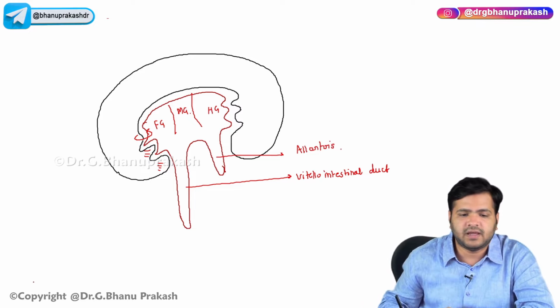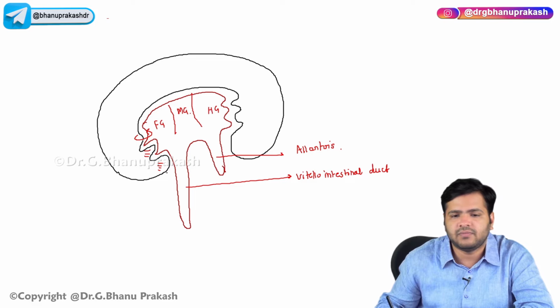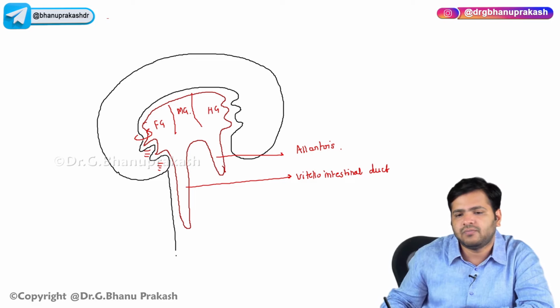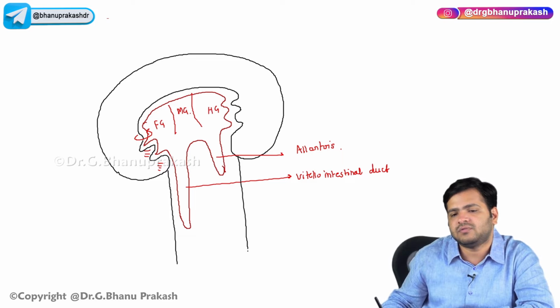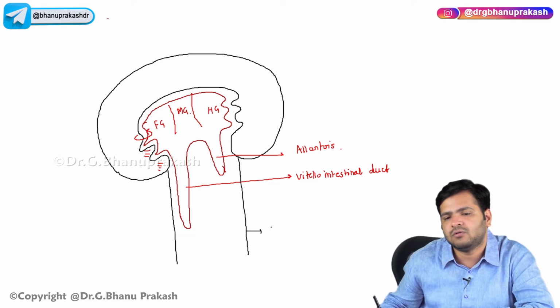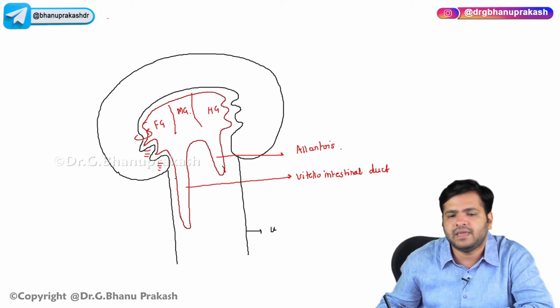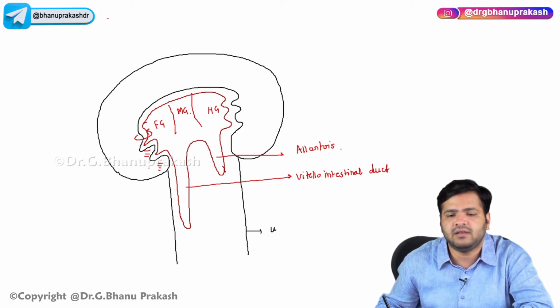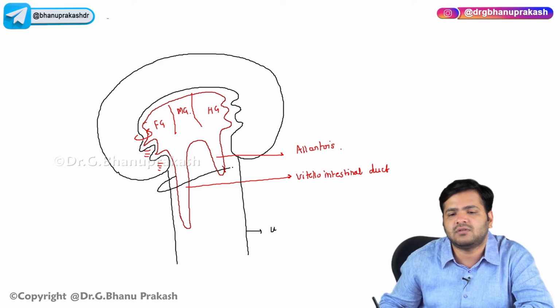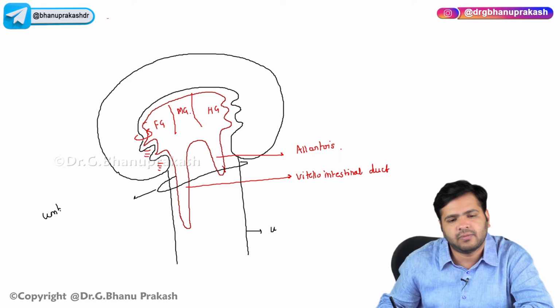Now they both will be connected to the umbilical cord, which I want to draw right now. Let us suppose this is the umbilical cord. The umbilical cord will be everything which is coming inside it, right? So this whole structure will be called the umbilical cord.